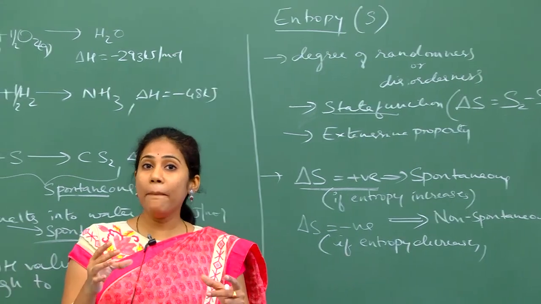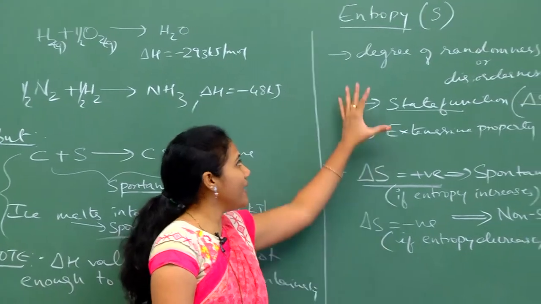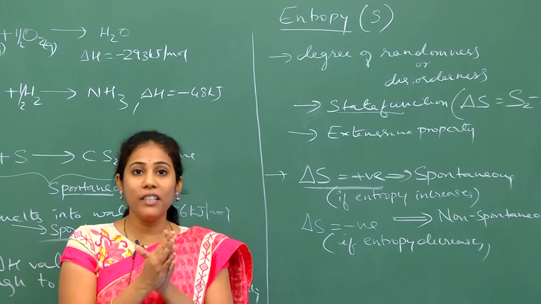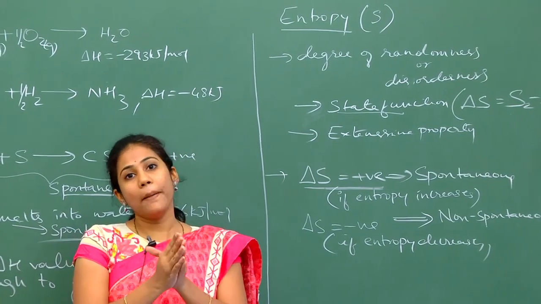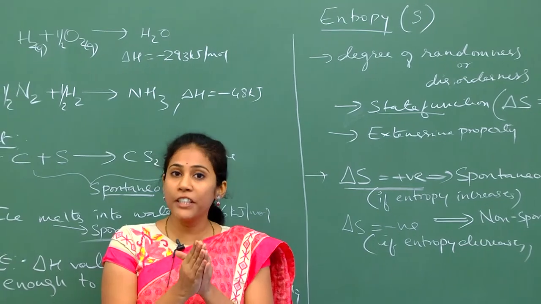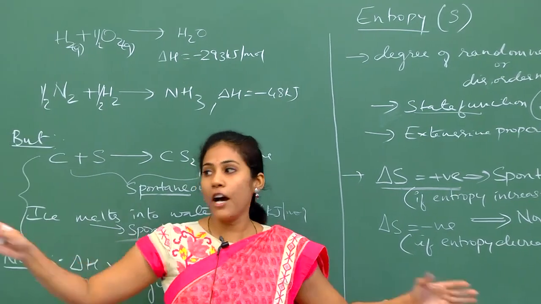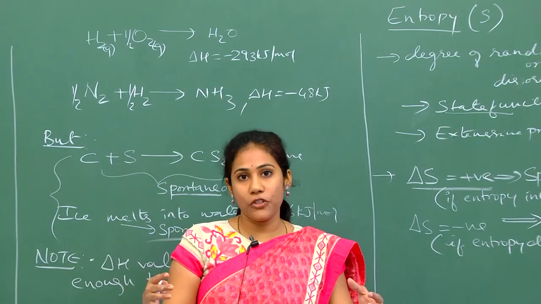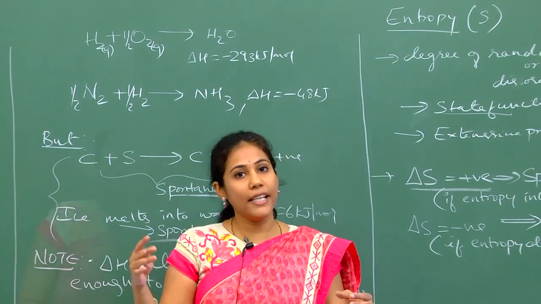You cannot tell about spontaneity only based on the entropy value either. We have to combine both values and then talk about spontaneity. That new term which includes the combination of the two factors is called Gibbs energy or Gibbs free energy.